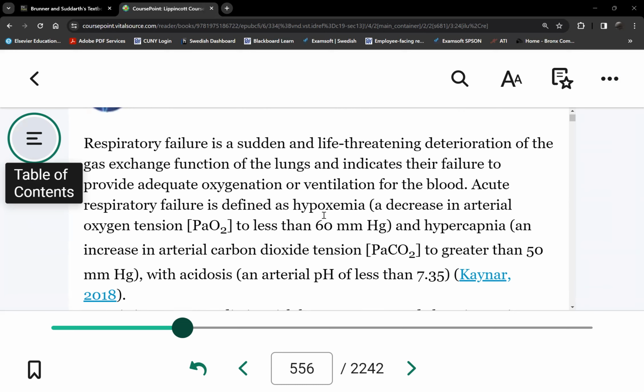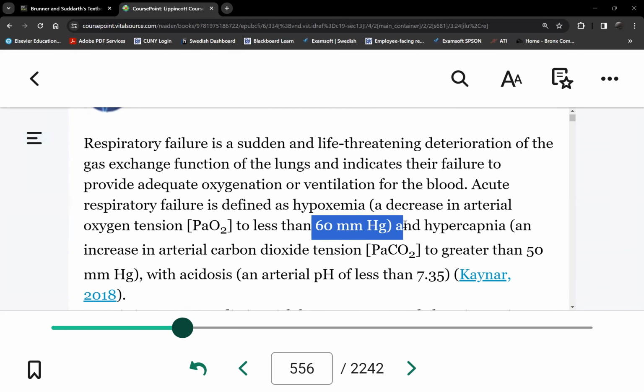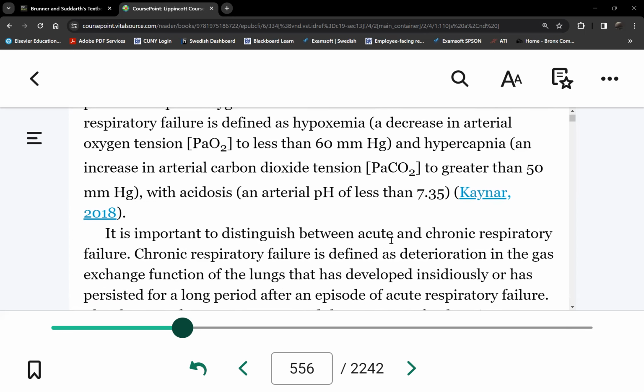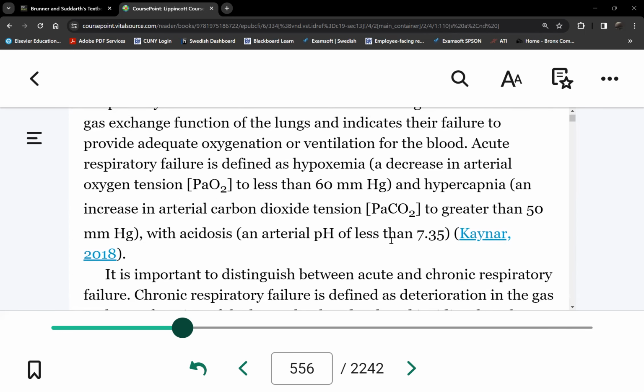If we draw ABGs, and the ABG shows that your PaO2 is less than 60, your PaCO2 is more than 50, and your pH is less than 7.35. And of course, when your numbers are here, is your oxygen saturation above 90?